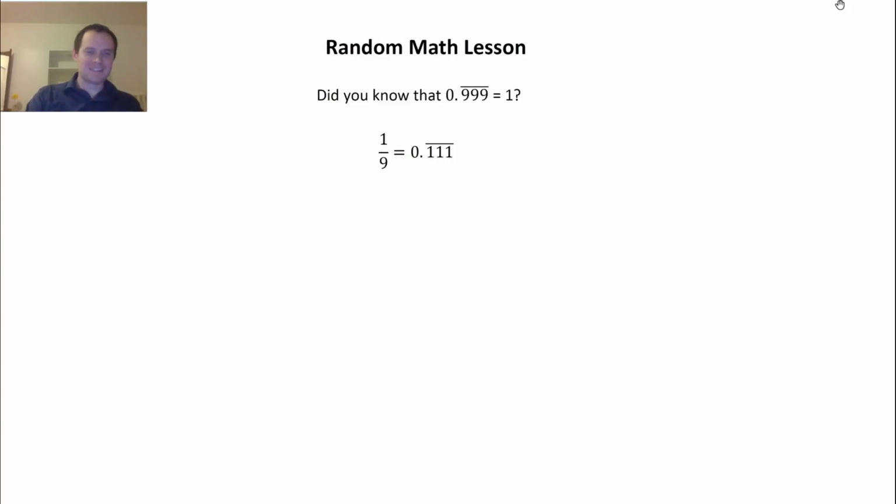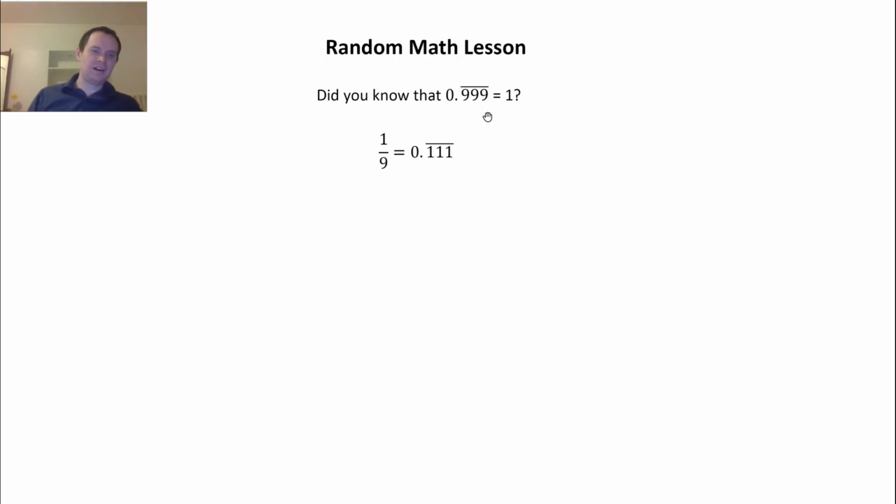For my graduate work I did engineering, but for undergrad I was a math major, and one of the interesting proofs that you learn is about 0.999 repeating infinitely.